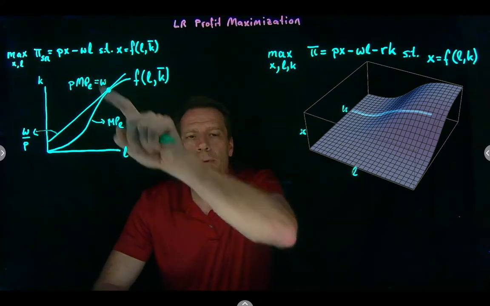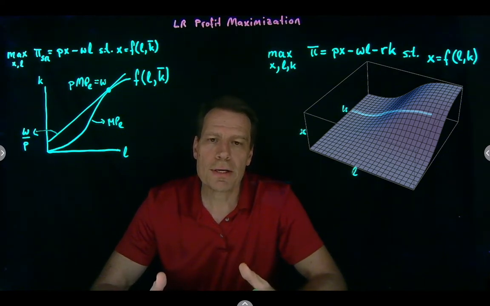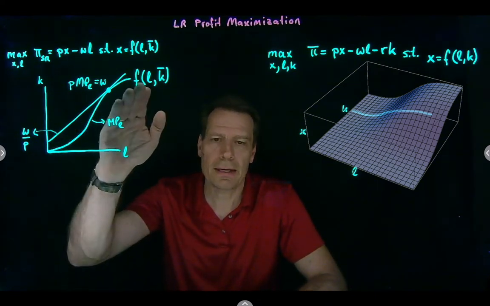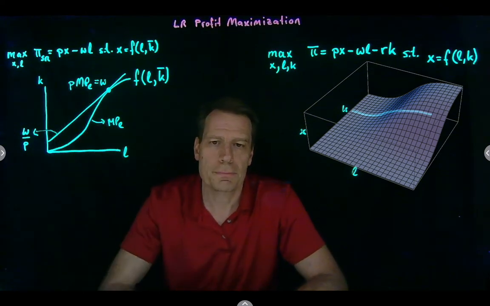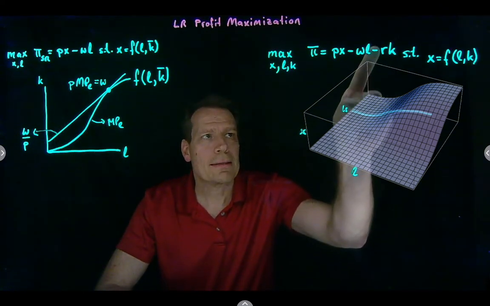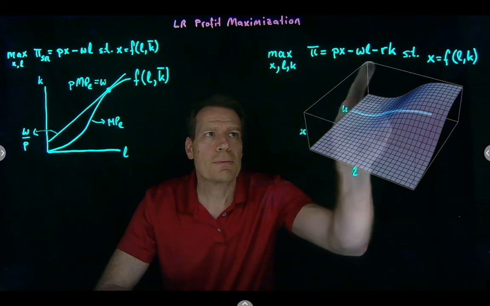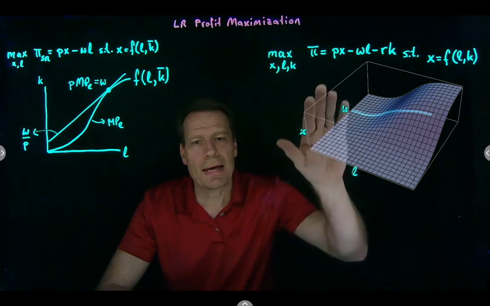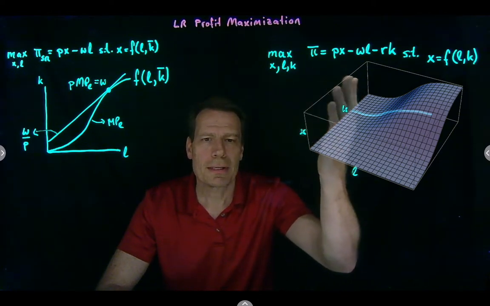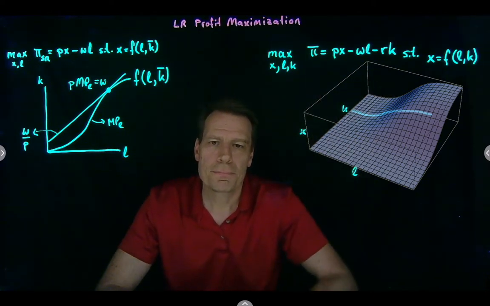This equation for short-run profit gave us the equation of a line, a profit line, and the higher the profit, the higher that line would sit in our picture. When we add this term, the equation becomes the equation of a plane. And so you can imagine a plane, a sheet of paper, sitting in this space.